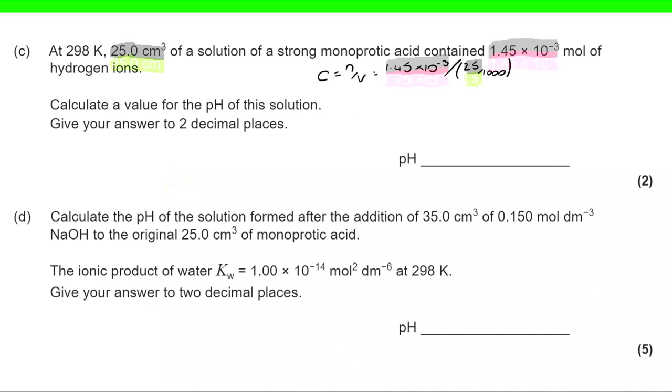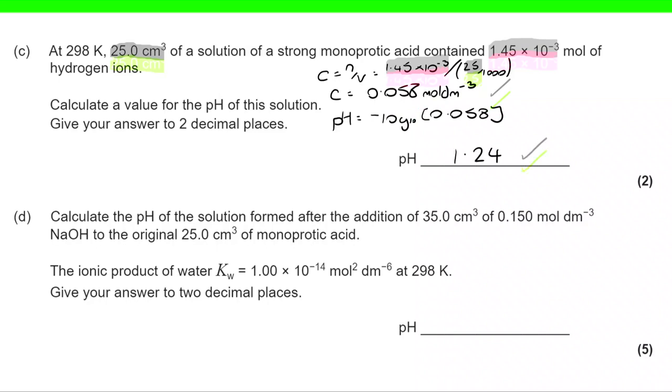You'll recognise here that I have divided my 25 by 1000 because my volume needs to be converted to decimeters cubed. Once I do that, I get my concentration of 0.058 in this case, and I can then substitute that into my pH expression, giving me a pH of 1.24. As requested, I've done that to 2 decimal places.